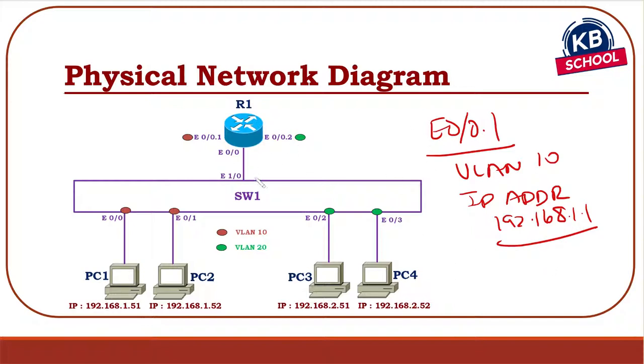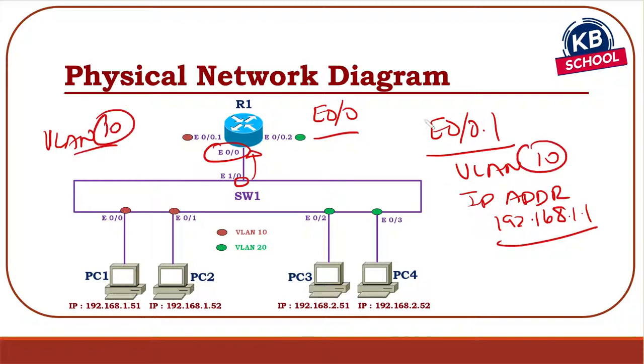So in reality, the frame is received by E0/0. E0/0 does not know who the frame belongs to, but it looks at the VLAN tag because the trunk port configuration over here would have maintained that VLAN tag. It sees VLAN tag of 10 and says, oh, VLAN tag of 10 is associated with E0/0.1. Versus if the frame had come in from this guy over here, it would have set the VLAN tag as 20.